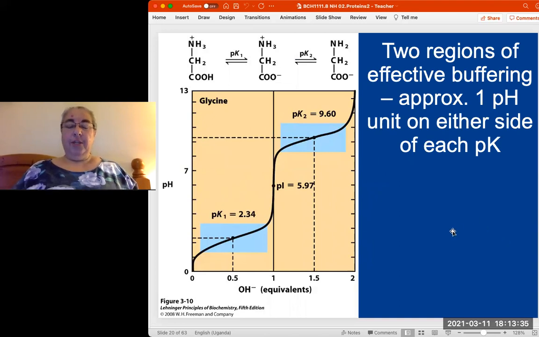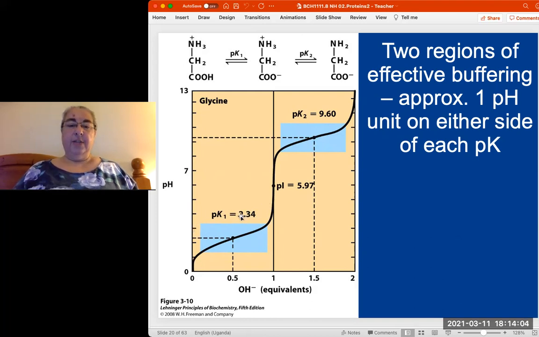Okay, so I mentioned buffers before, and that is the effect we're seeing as these two curves flatten out. And these blue rectangles indicate the area where the two groups of the amino acid are acting as buffers, approximately 1 pH unit on either side of the pK.